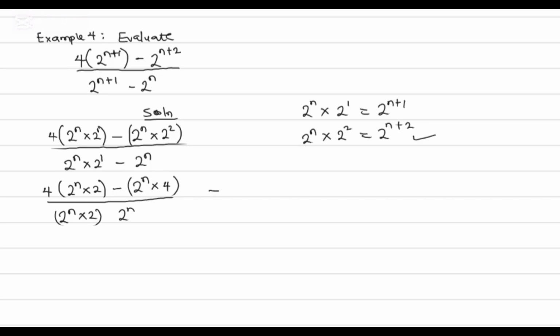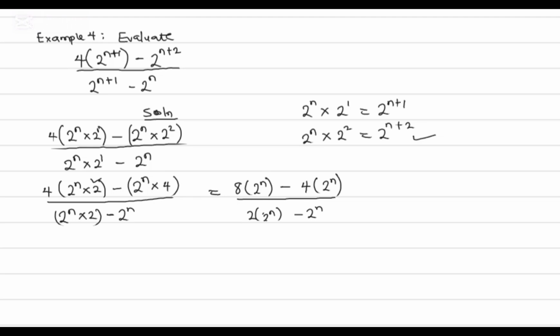Now, this can be written as, I will use the 2 inside this bracket, multiply the 4, that will be 8, into 2 raised to power n, minus, here we have 4 into 2 raised to power n, all over, here we have 2 raised to power 2 times 2 raised to power n, minus, so there's a minus here, 2 raised to power n.